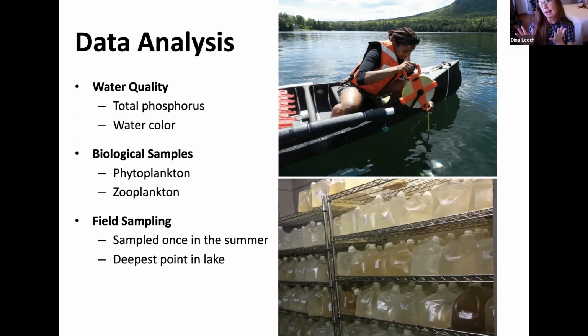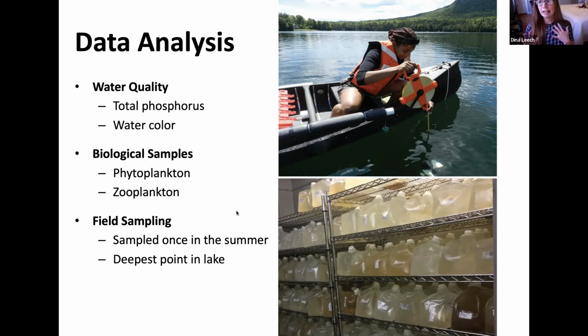So we can begin to ask questions about, well, how does water color affect how much algae and zooplankton are there and what species are present? Unfortunately, it doesn't do fish. So we can't really talk about how color affects fish from this data set, but I'll address some other things that we've done in just a few minutes to get at that.